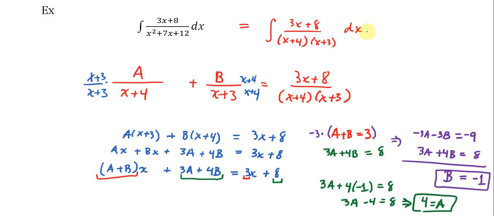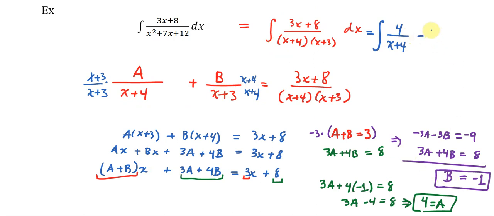Now comes the good stuff, which is we can take what we know from this decomposition and apply it to calculating our antiderivative. This entire expression is really equal to A over x plus 4, but we know that A was equal to 4, plus B over x plus 3, but we know that B is -1.